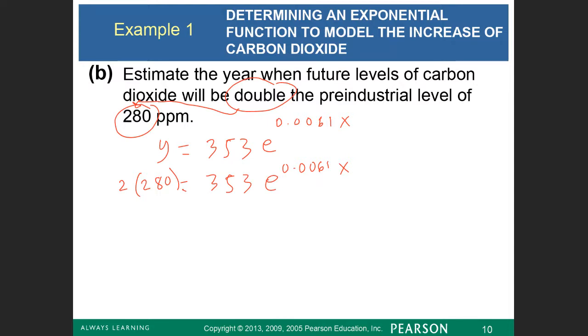So it says estimate the year, so you're looking at x here. So x is the time, and this is our unknown. Again, it says estimate the year when future levels of carbon dioxide will be double the pre-industrial level of 280 ppm. Okay, so on the left side, 2 times 280, by calculation, that would be 560. And then our goal here is to find the time, the year, so solving for x here.